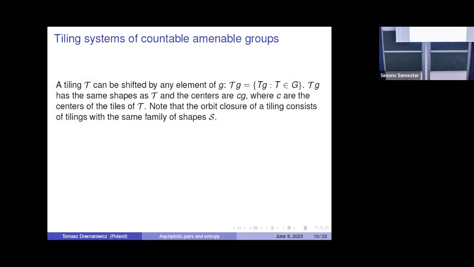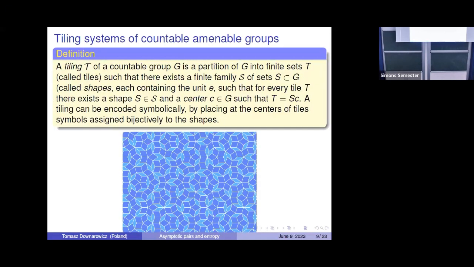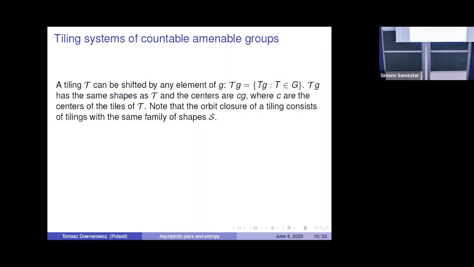So if you have a tiling, you can shift it. Like in this picture, you can imagine that you shift the whole thing by some element of Z2. We imagine this to be a tiling of Z2. Of course, you have to imagine a lattice of points inside. So we can shift any tiling and you get another tiling with the same family of shapes. And moreover, if you take the orbit closure of a tiling under shifts, you get, again, good tilings.